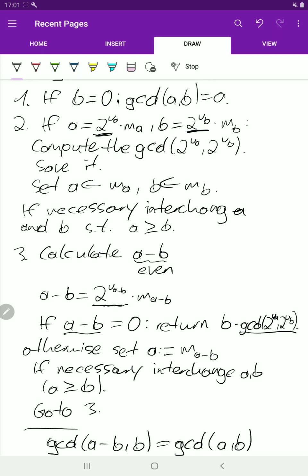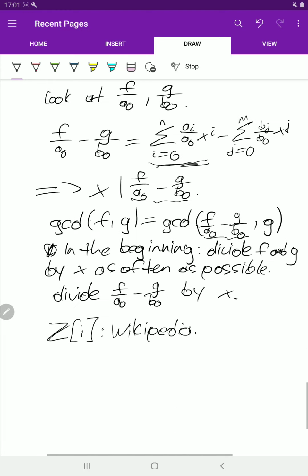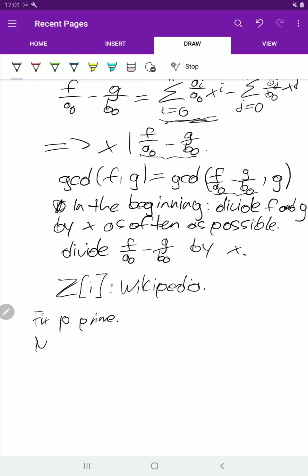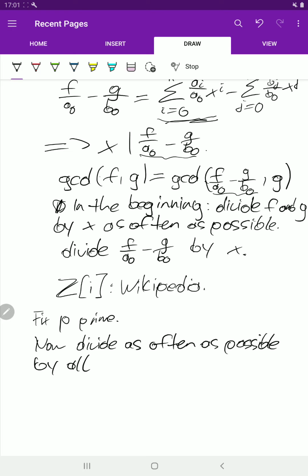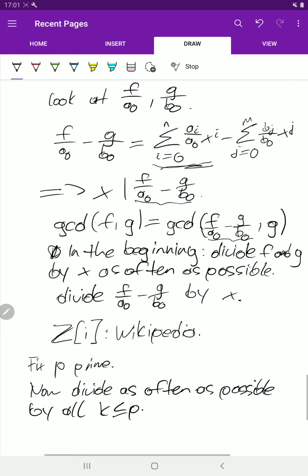Let's say we fix p prime, and now we divide as often as possible by all k which are at most p.